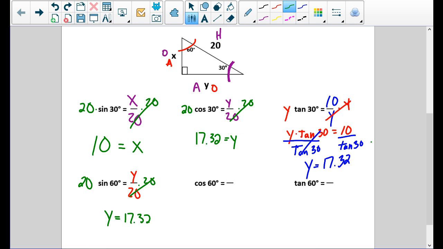Y is still the same value. If I'm looking at cosine of 60, now I'm looking at adjacent, which is my x, over my hypotenuse, which is 20. Again, multiplying by 20, 20 cosine 60 gives me 10.